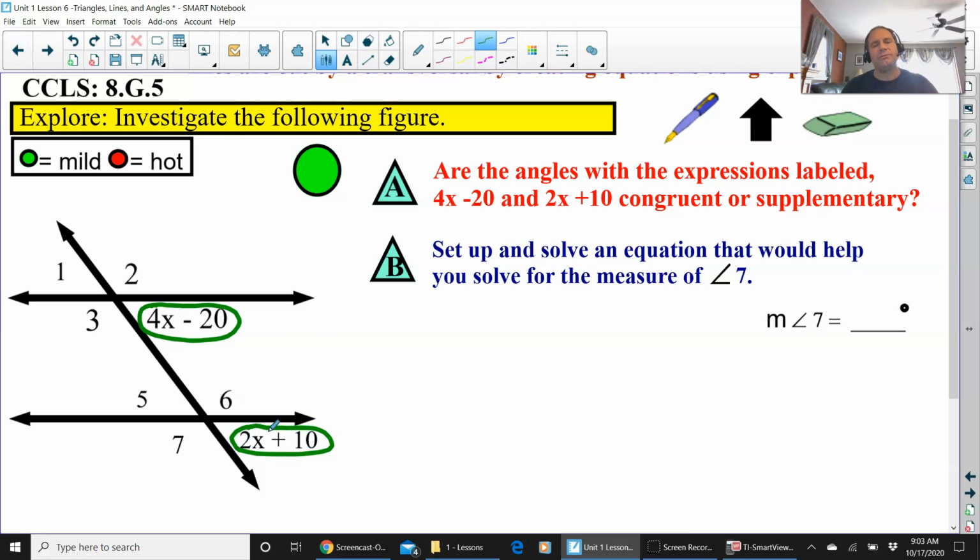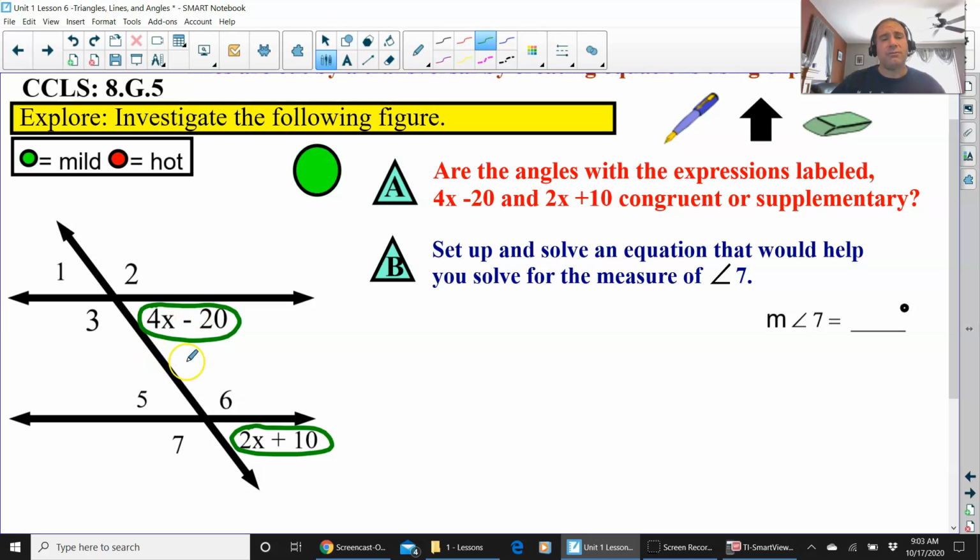What I want you to do is take a look at the angles and set up an equation on your own telling me that you know that these are either equal to each other, or when you add them together, they're equal to 180 degrees.